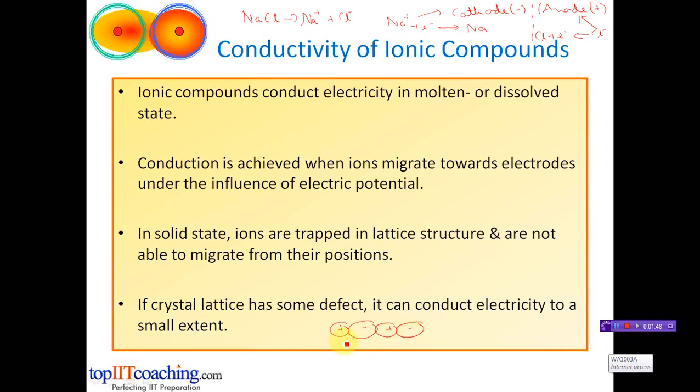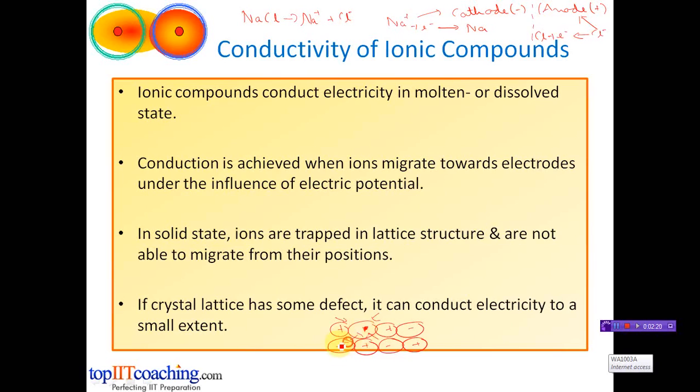Suppose this is the lattice. And one of them has vacant site. The ion in that place is missing. Then an ion can move from its location in the lattice to this vacant site, thereby creating another vacant site at its original location.